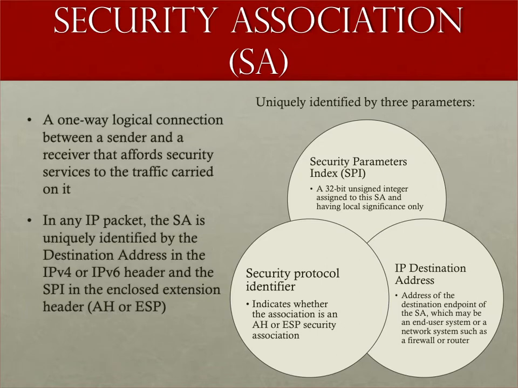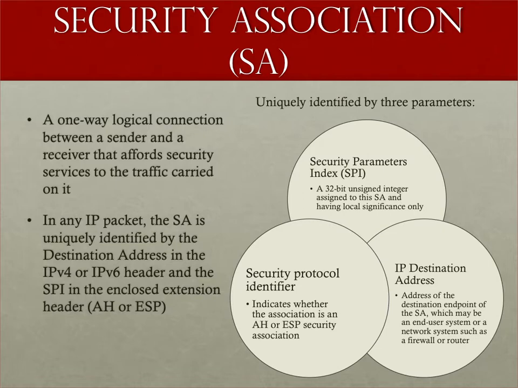This security association needs to tie the incoming traffic to a particular security association. In other words, the incoming traffic should be mapped to one of the existing security associations, or you need to trigger the creation of a new one.